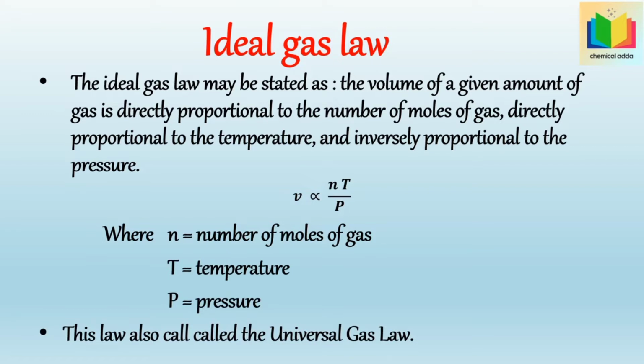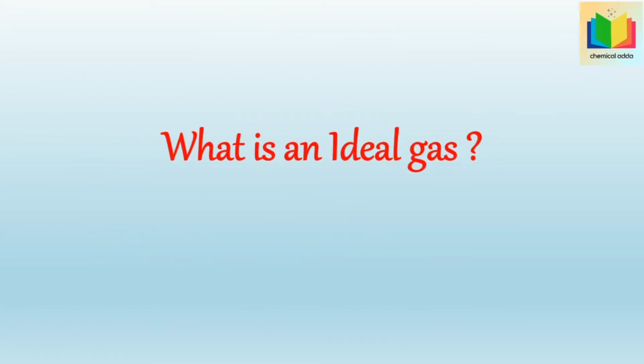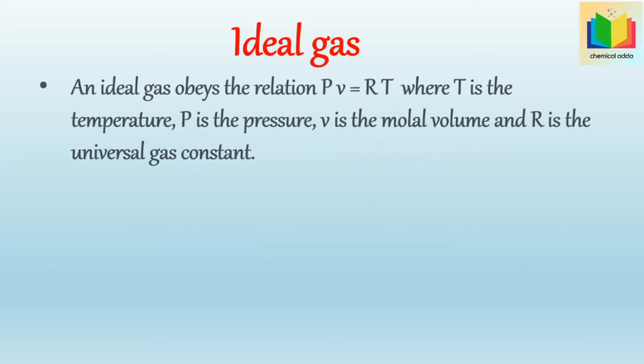Now the next question is, what is an ideal gas? An ideal gas is a gas which obeys the relation PV is equal to RT, where T is the temperature, P is the pressure, V is the molal volume, and R is the universal gas constant.